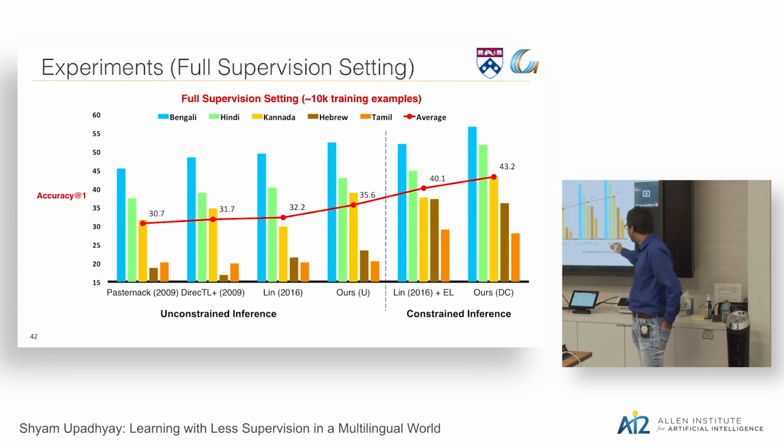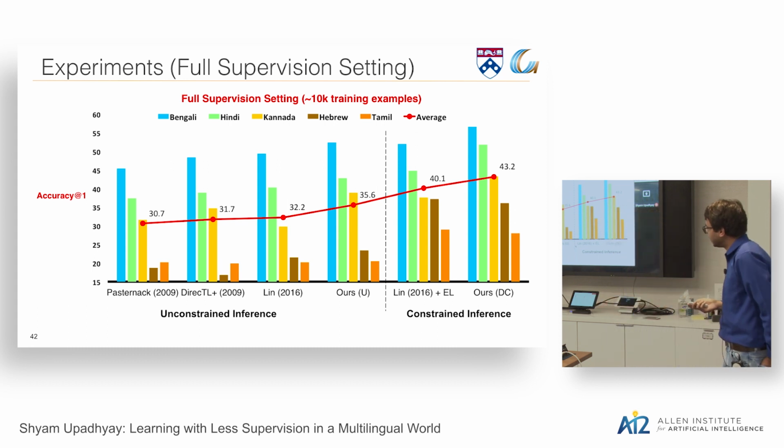And this is really nice because our constrained inference strategy is much simpler. We don't need an entity linking model. We can just work with the names in the knowledge base to drive the constraints or to re-rank the items. So that's the story in the full supervision setting.